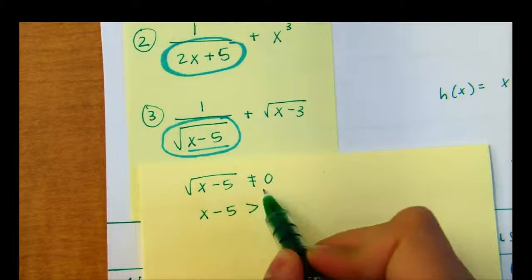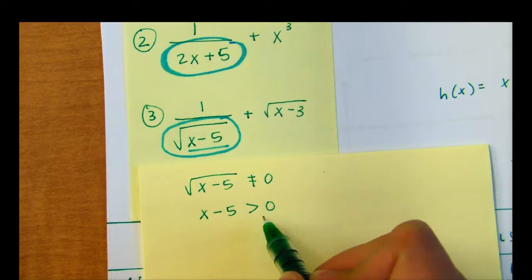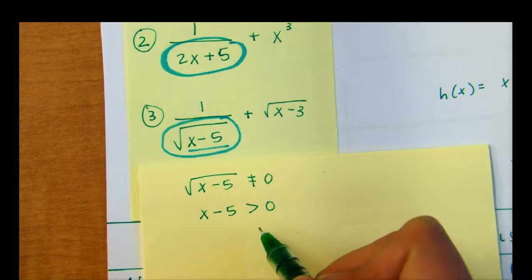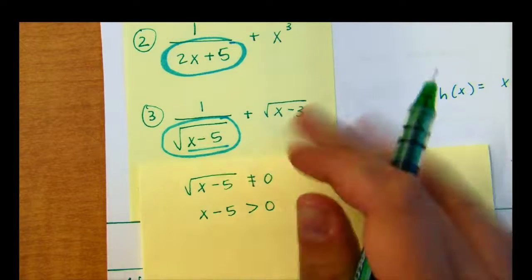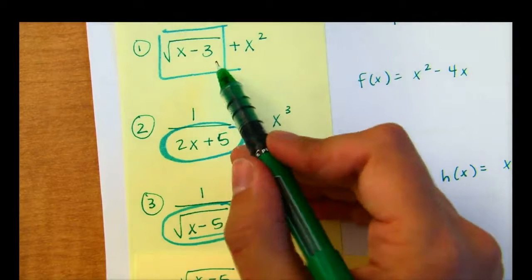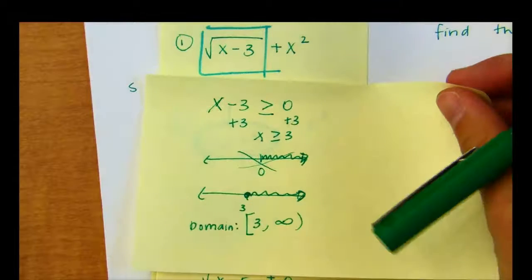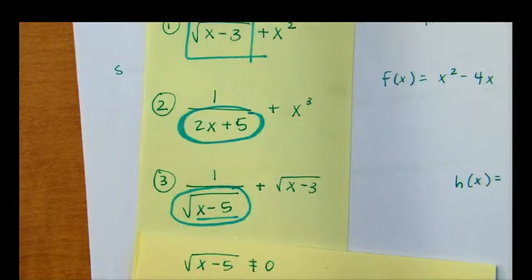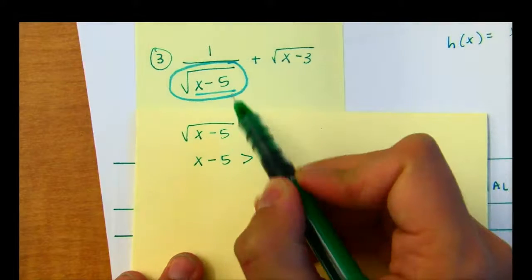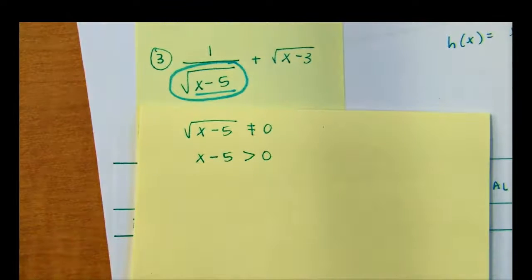Since this cannot equal 0, I'm going to make sure that I don't set this to be greater than or equal to 0. If this were not in my denominator, like in problem number 1, that's when I can put my equal to bar. I can set it greater than or equal to 0. But in this problem, since it's in the denominator of a fraction, what's inside of my square root actually cannot equal 0.